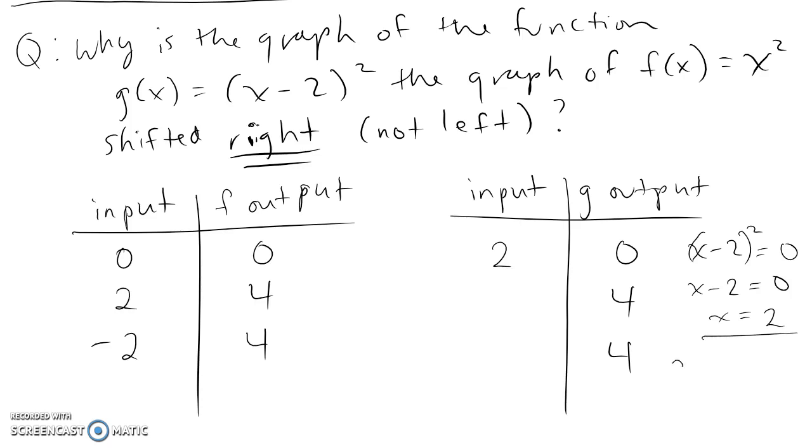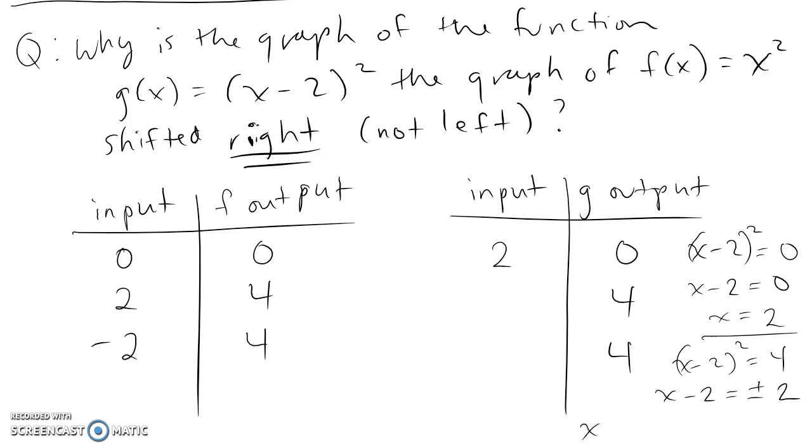Then if I take my function again and set it equal to 4, x minus 2 squared equals 4 means that x minus 2 is either plus or minus the square root of 4, which is 2.